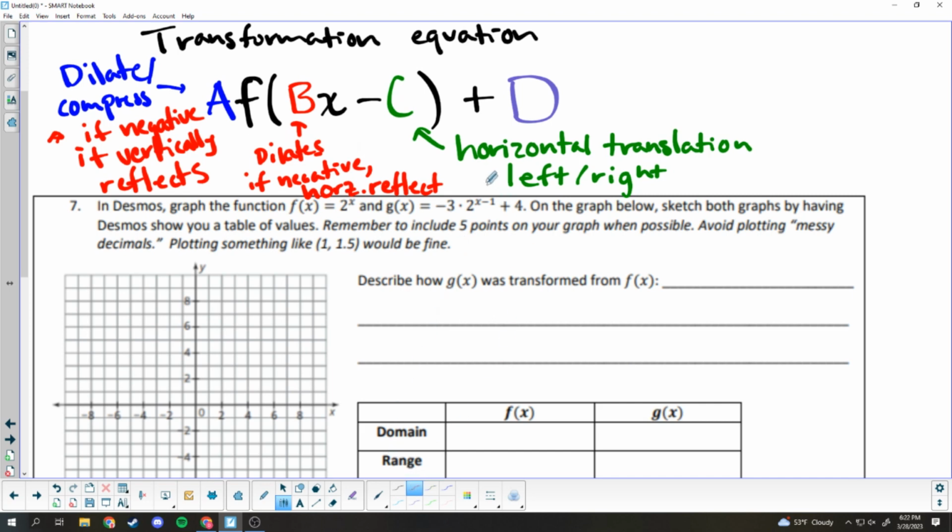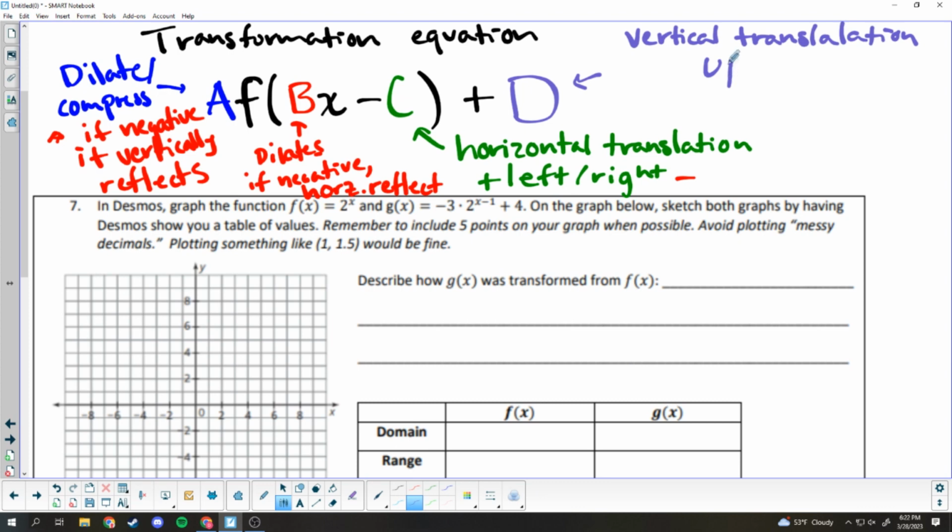When you add something, you go left. When you subtract something, you go to the right. So it does the opposite of what you might think, and it is the opposite of what d does, which is the vertical translation.